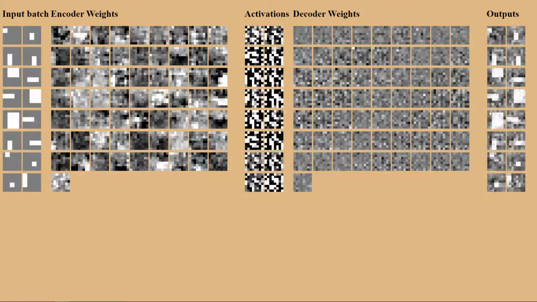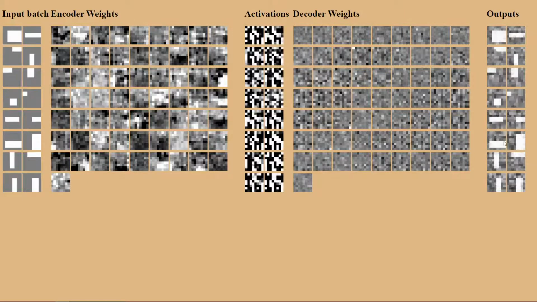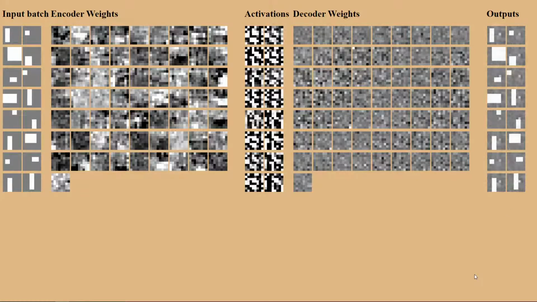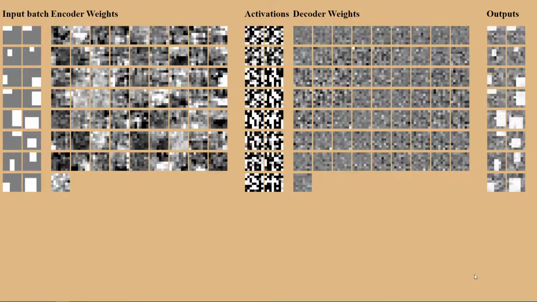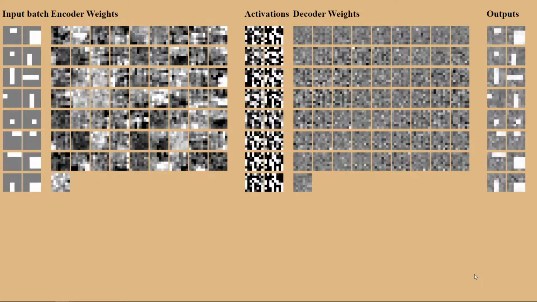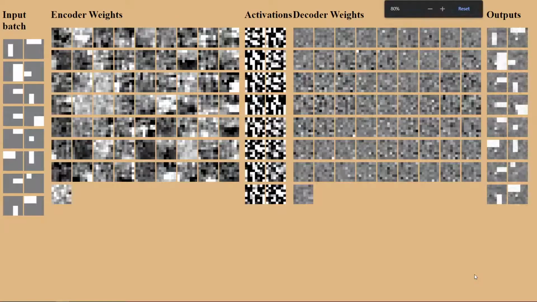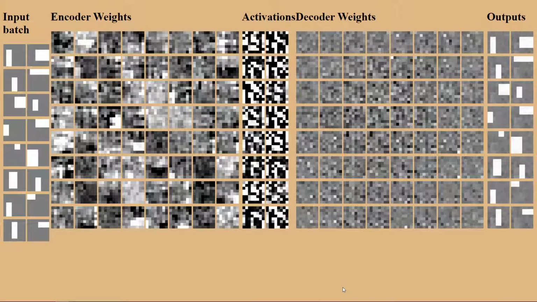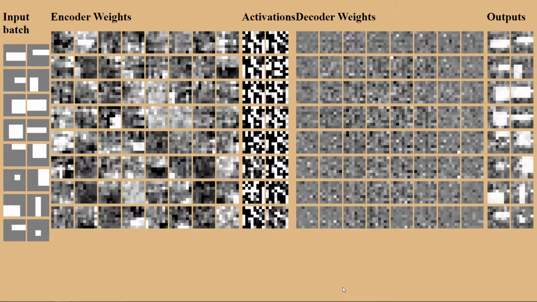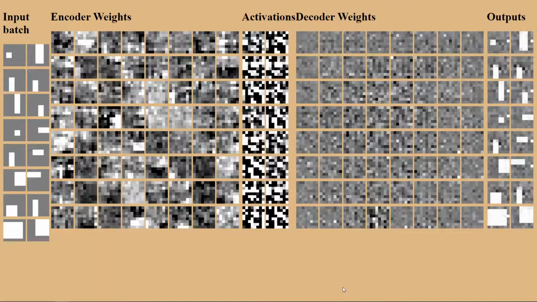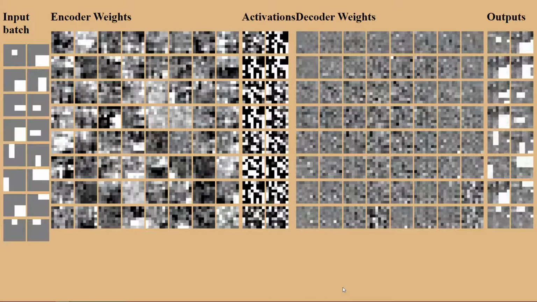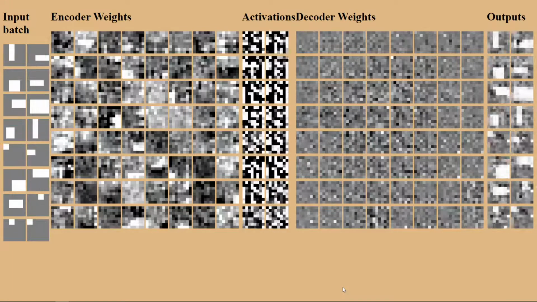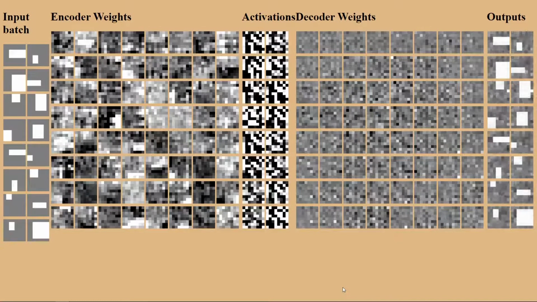Whenever it changes to a new batch, it should be perfect, without training. This is not working.